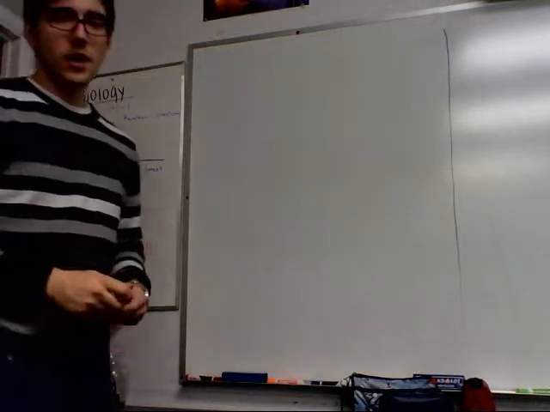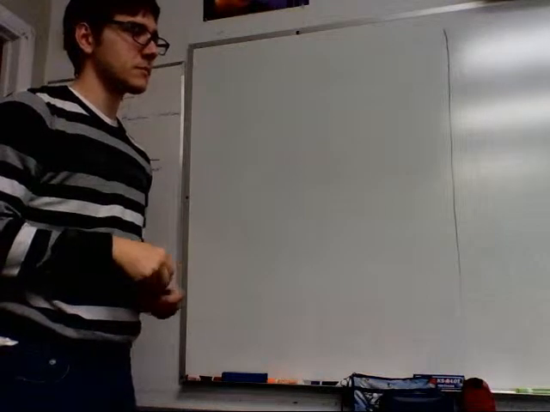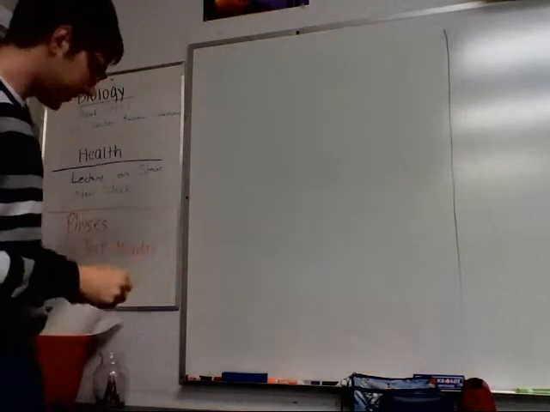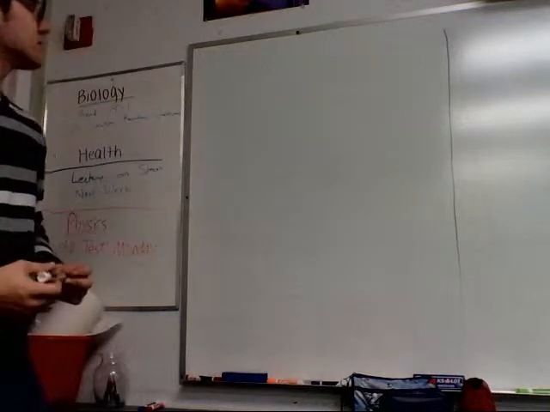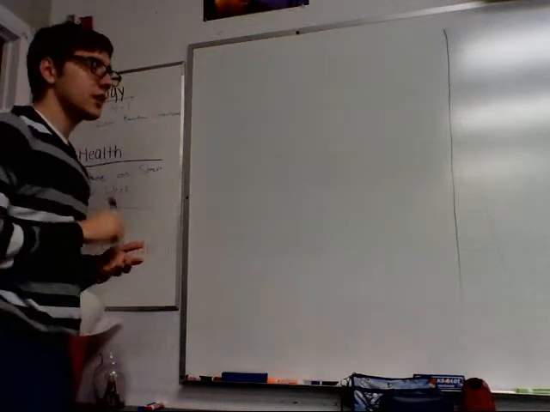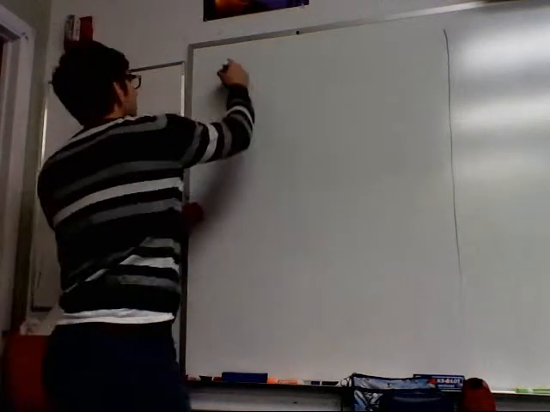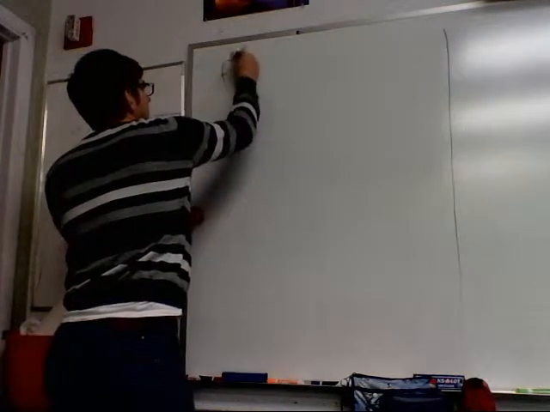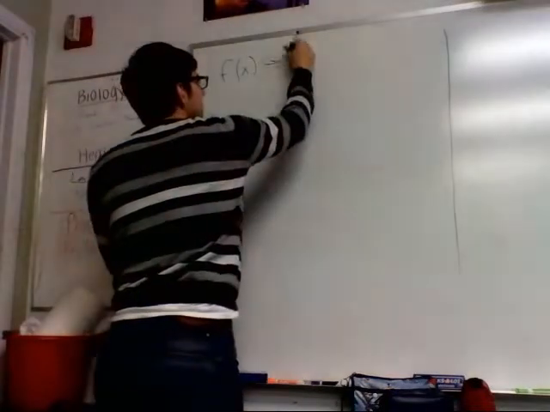Okay, so I'm going to start right now with inverse functions. I started to go over it on Thursday, and I don't know if you guys told Rue much about it, but basically an inverse function is defined by this set of functions. So if we have a function f of x, there will be an inverse function of x.